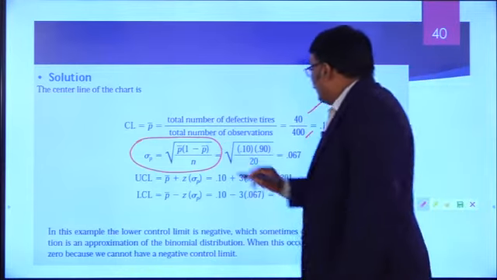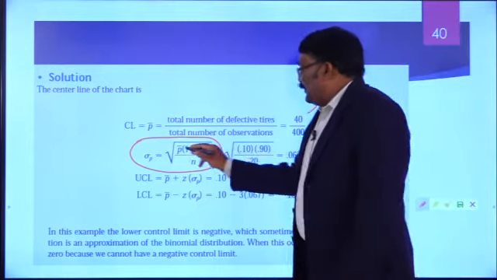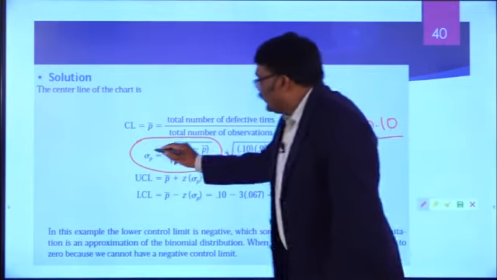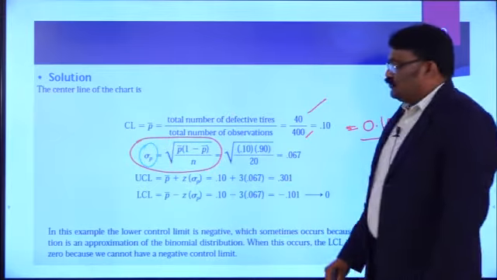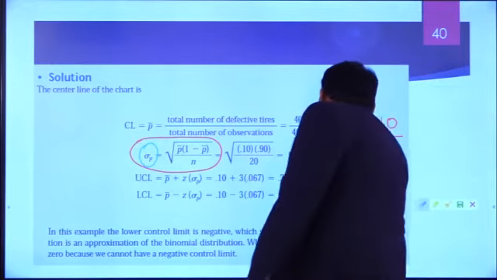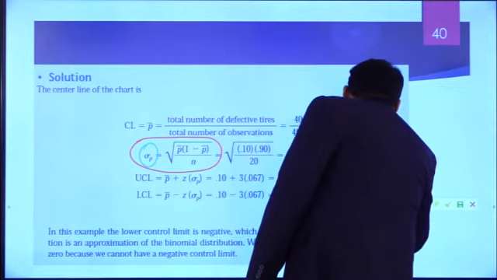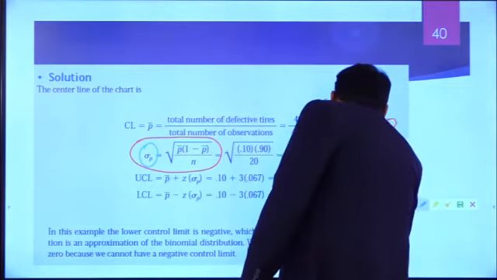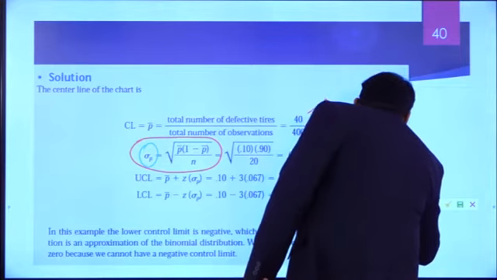Now, p bar value is equal to 0.10. We apply that, p bar equal to 0.10, and we get the value of sigma p. And UCL is equal to p bar plus z, which is nothing but 3, times sigma p, and similarly LCL is p bar minus 3 sigma p.